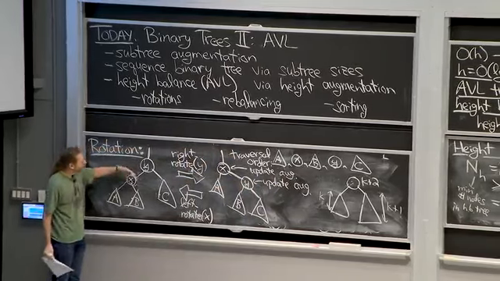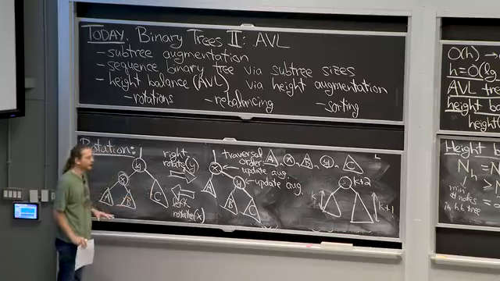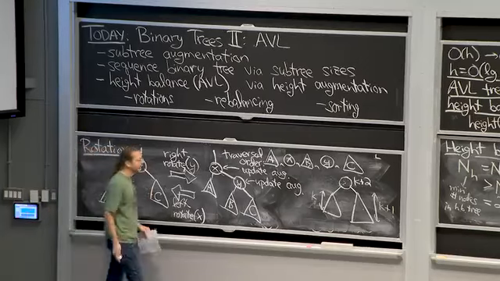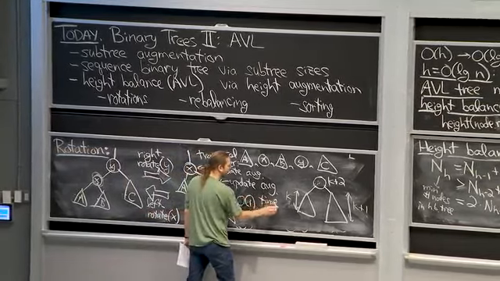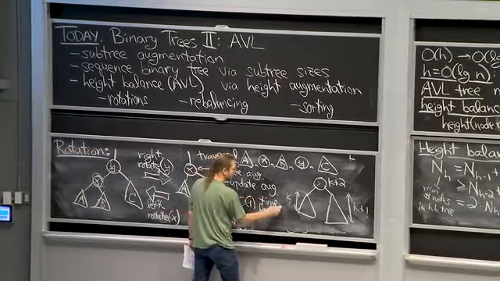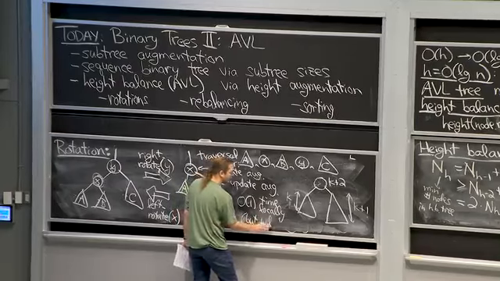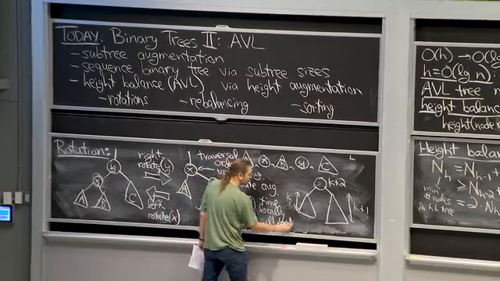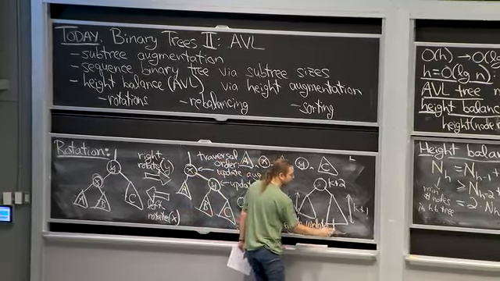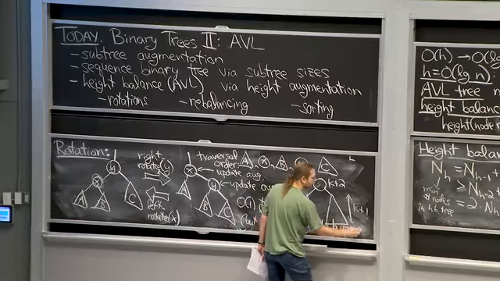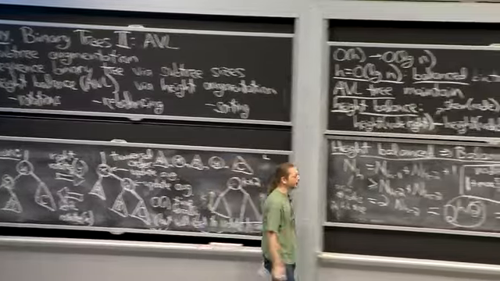So rotation is locally just changing a constant number of pointers. So I usually think of rotations as taking constant time. But eventually we will need to update H ancestors in order to keep all of our augmentations up to date. Okay, we'll worry about that later.